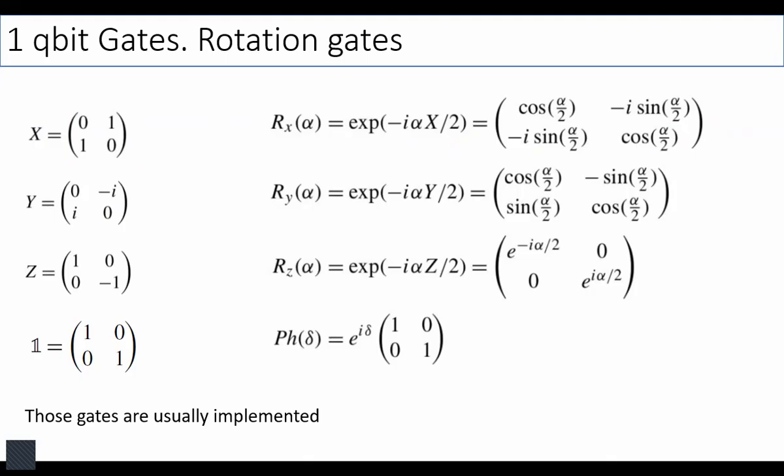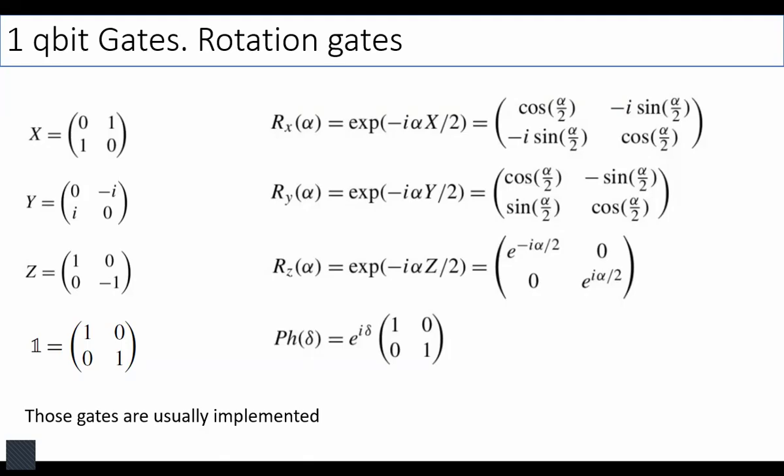And this is a rotation, the so-called rotation gate. You consider just an exponent, which I wrote in a mathematical form, e to the power minus i a h. I can write all the unitary operators in such form, where h is self-adjoint, and here I consider those basic Pauli matrices.